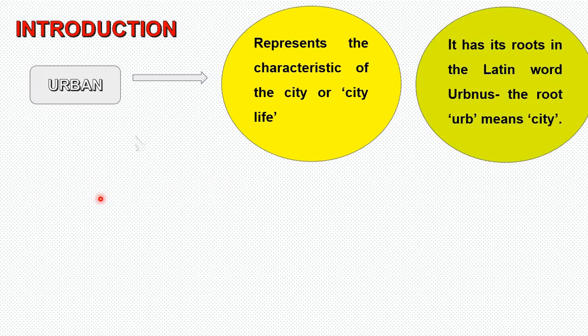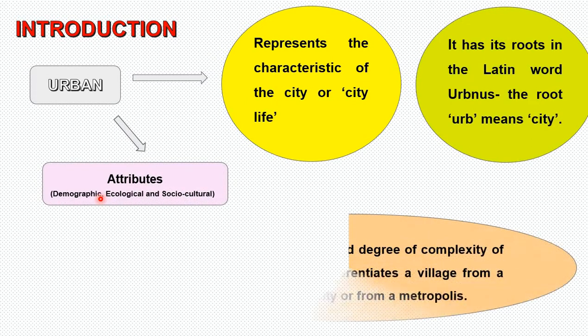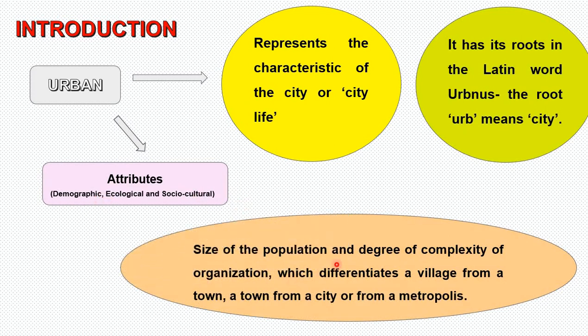And an urban area can be understood by the size of the population and the degree of complexity of the various organizations present in it. It could be a municipality or a corporation or various welfare organizations, which clearly differentiates it from a village.